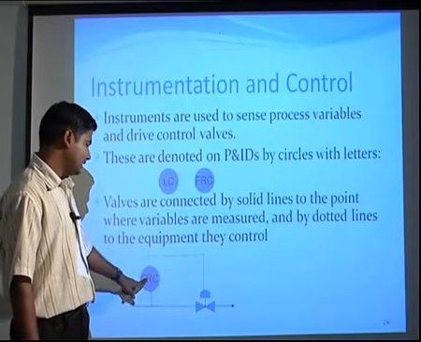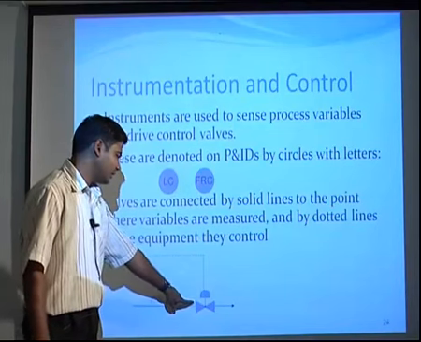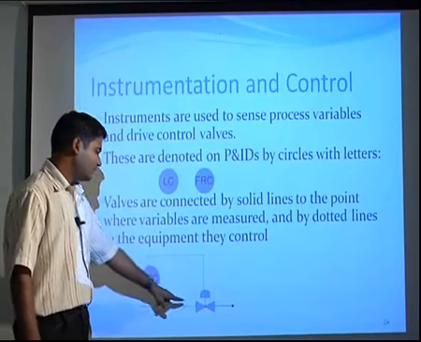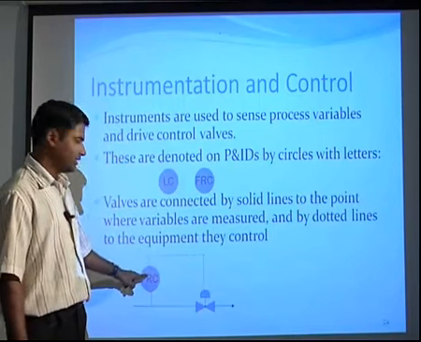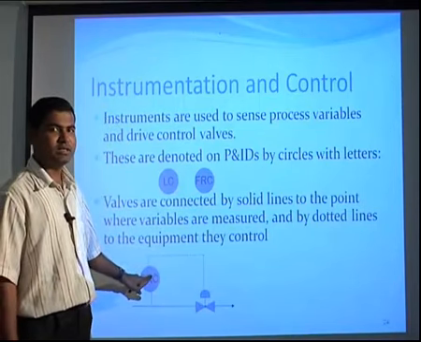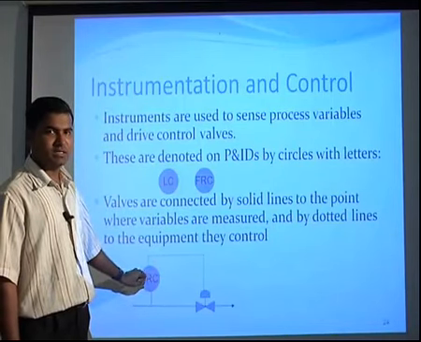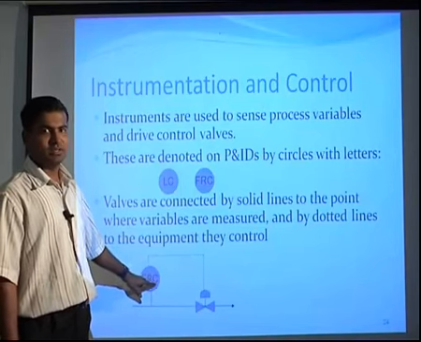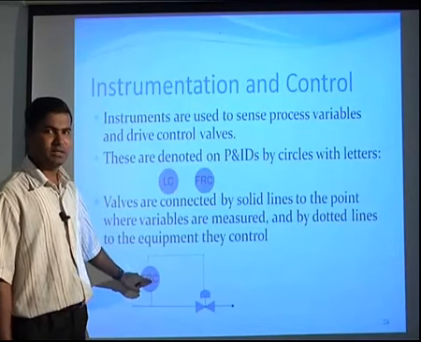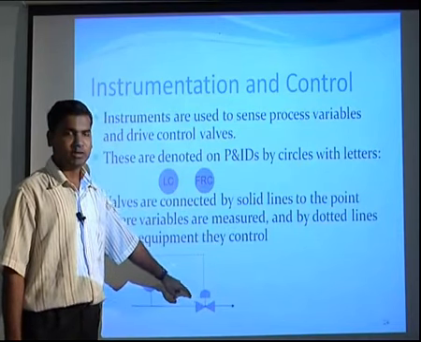It will sense the flow going towards the valve, and if the flow is not the desired one, it will indicate that the flow through the valve is not at the desired level, so please change. We can change it by giving feedback or manually, but generally nowadays it's automated, so this will take care that the correct flow goes through the valve.